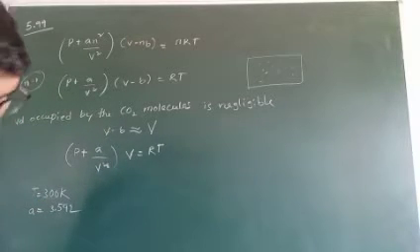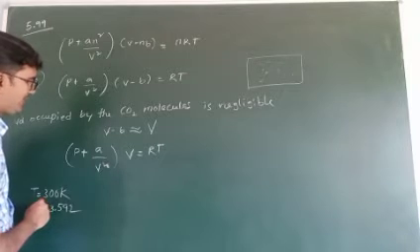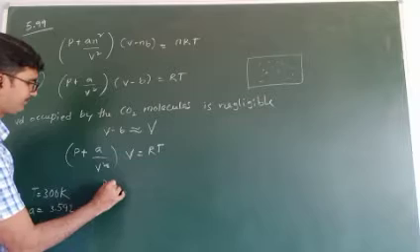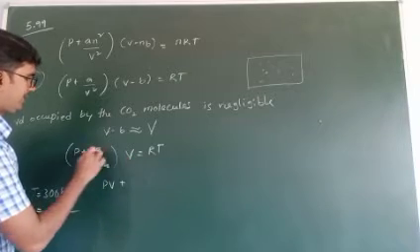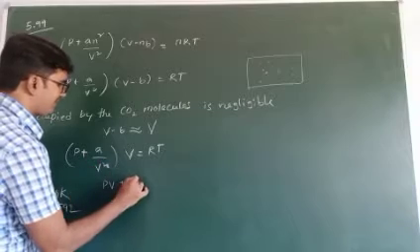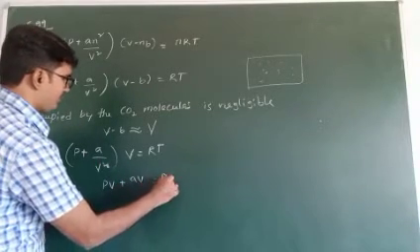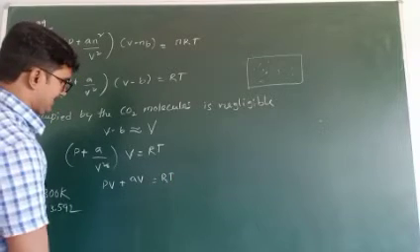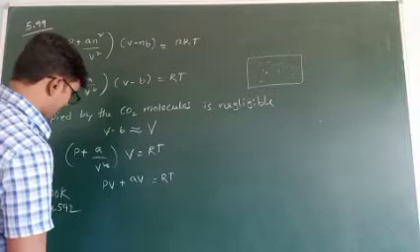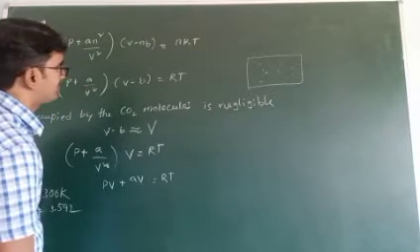Now we want the P value only. First multiply this one: P into V, PV, plus a into V by V square, a by V, is equal to RT. The volume is given in this one.